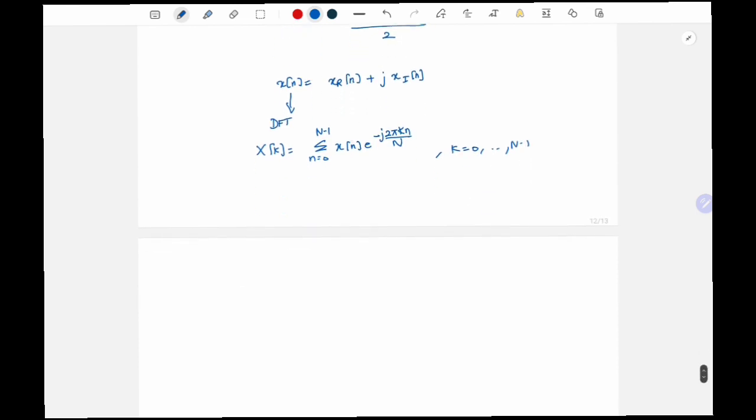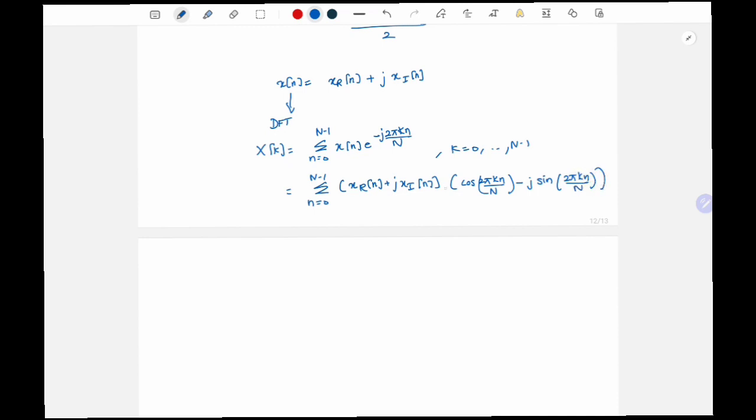If you substitute this here, you will have summation n equal to 0 to n minus 1 xr of n plus j xi of n, and e power minus j 2 pi k n by n, which you can write as cos 2 pi k n by n minus j sin 2 pi k n by n.